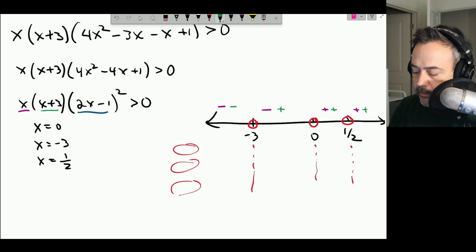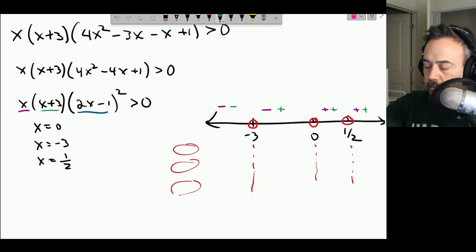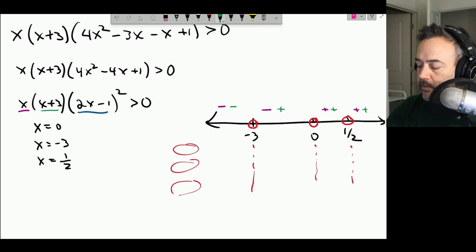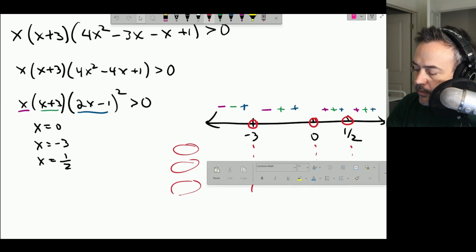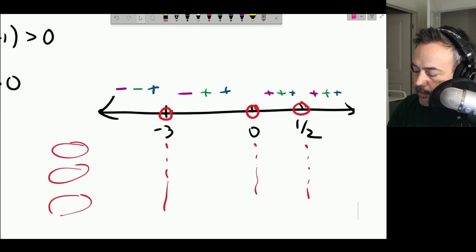Well, that's always positive as long as we don't plug in a 0, but we're not because we're looking at values that are not the zeros of the polynomial expression. So this is positive, positive, positive, positive. So what is our product? Our product is positive, negative, positive, positive.